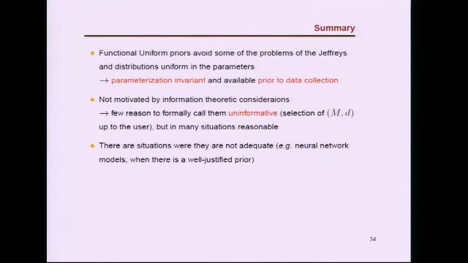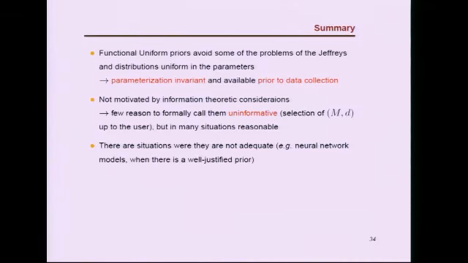So the main points for me here are that these functional uniform priors avoid some of the problems of the Jeffreys prior and priors that are uniform in the parameter space. First of all, they are parameterization invariant, and they are available before you collect any data. So if you calculate your optimal design, you do not have any data to come up with a Jeffreys prior.